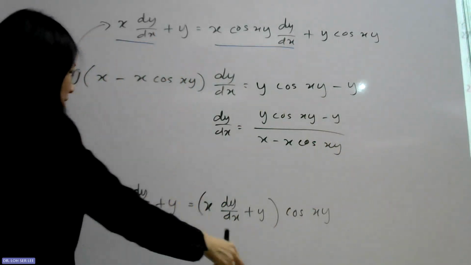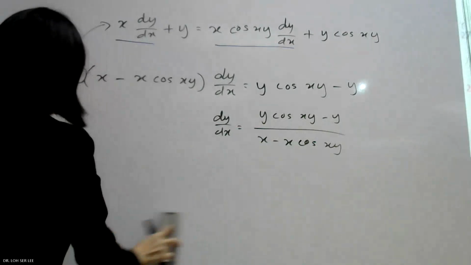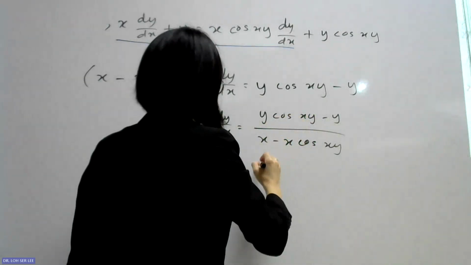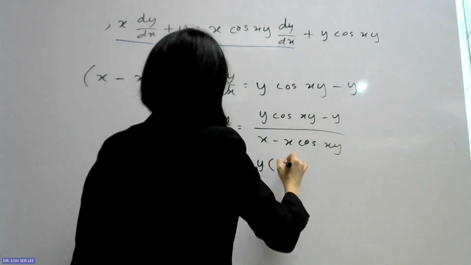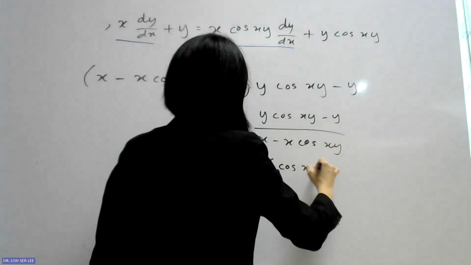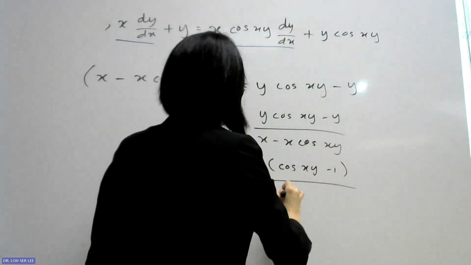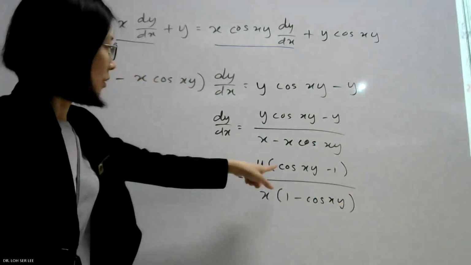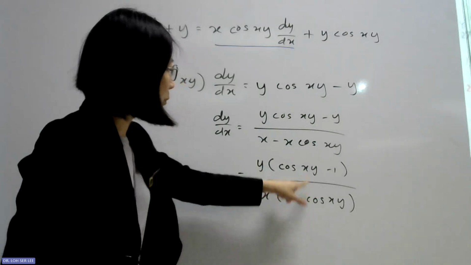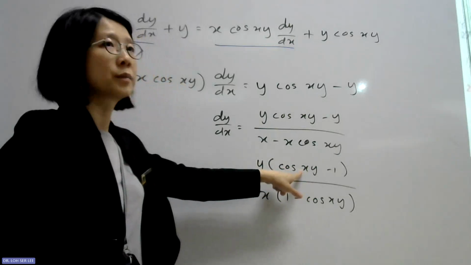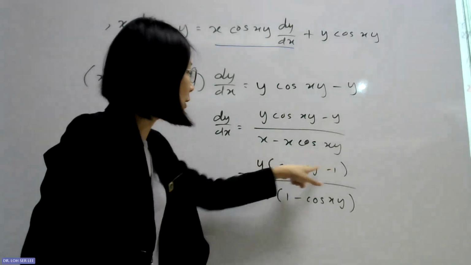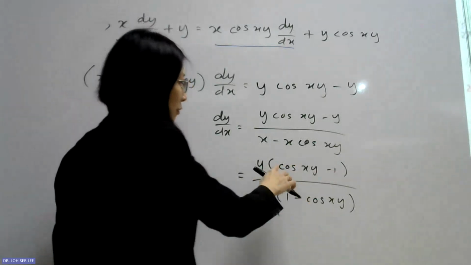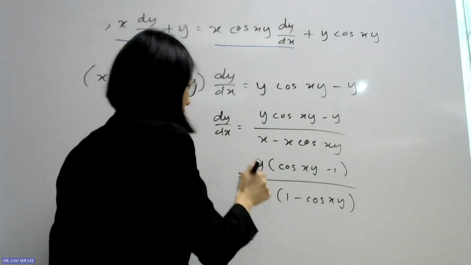Okay, and we can further simplify by factorizing y and x. You see this one, cos xy minus 1, and this is 1 minus cos xy. So these two will be the same when you factorize -1 from here. Either you factorize -1 from here or from here, then they will be the same. Let's say we factorize a -1 from here.